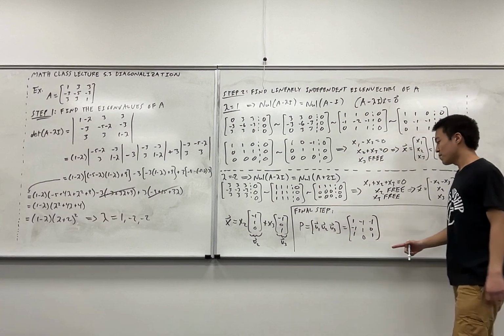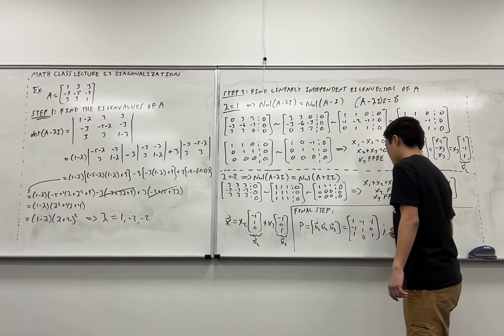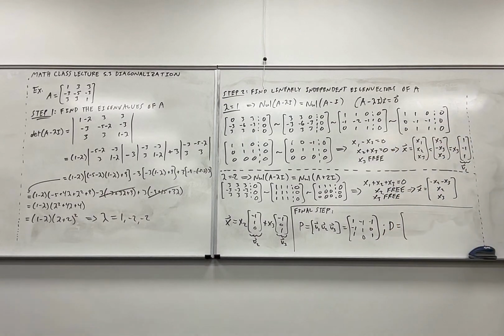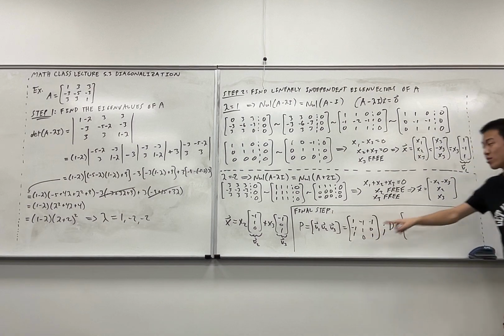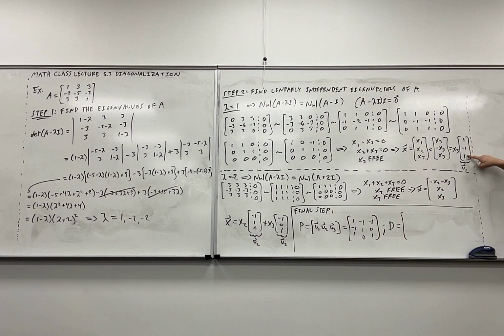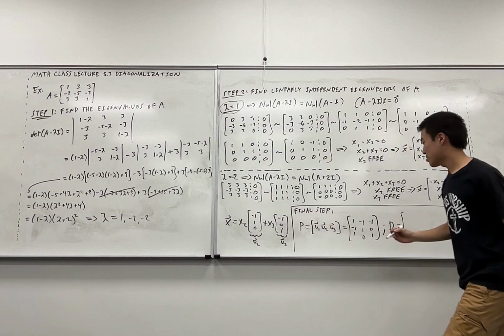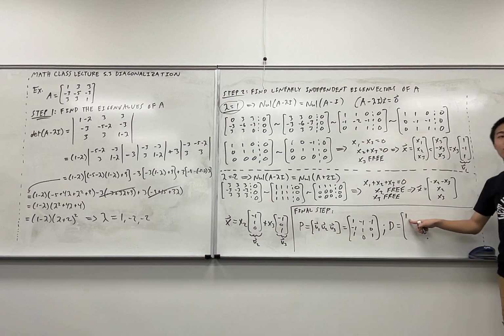Now to construct the diagonal matrix, the entries of the diagonal will correspond to the eigenvalue that you got it from. Where did I get this first column, 1, -1, 1, from? Lambda equals 1. So that corresponding entry needs to be the 1.